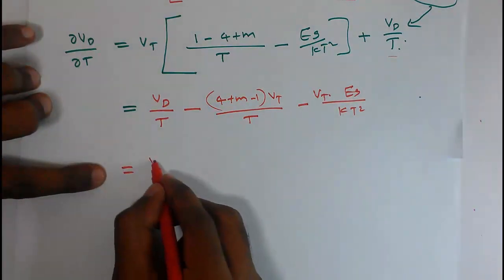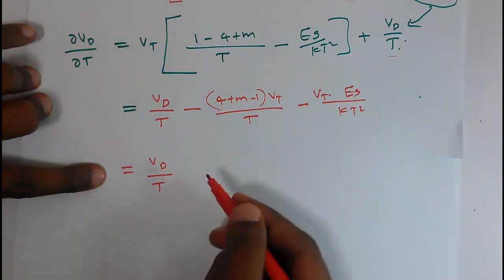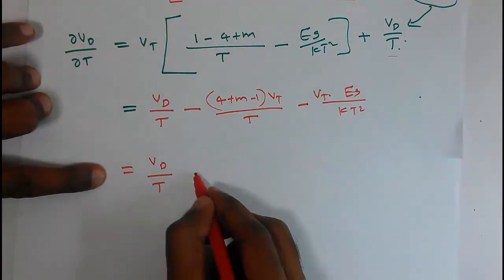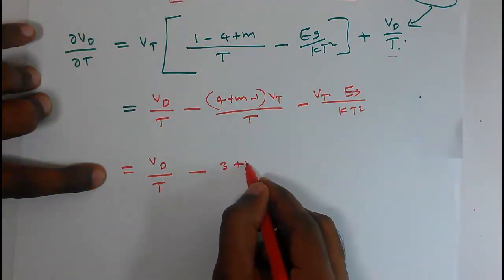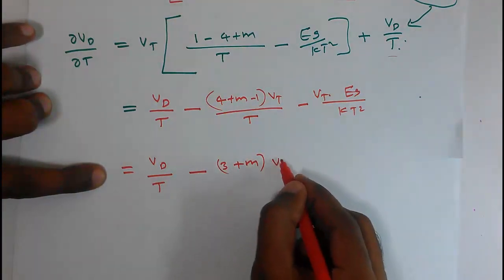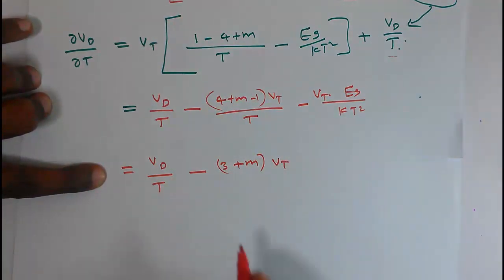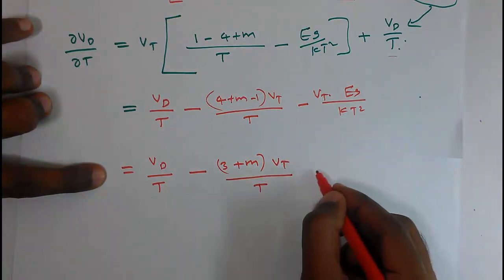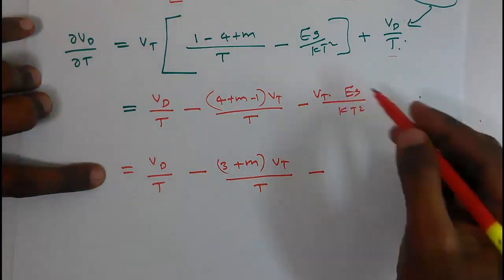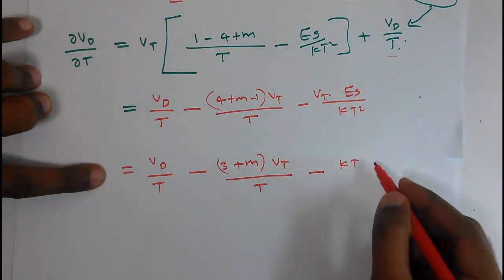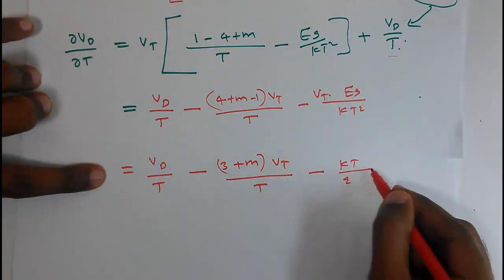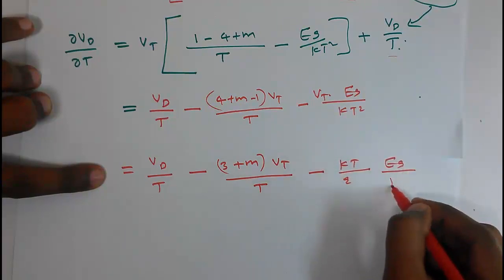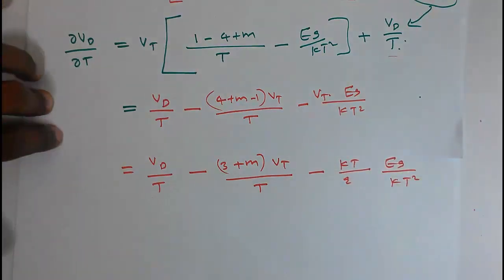That is equal to Vd by T minus 3 plus m into Vt divided by T minus this Vt, I can write kT by q, then Eg by kT square.